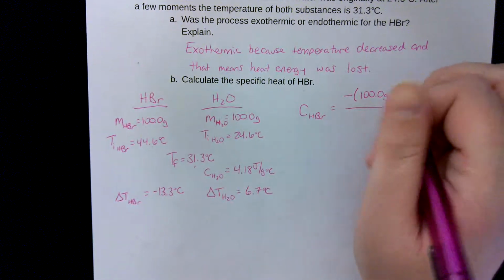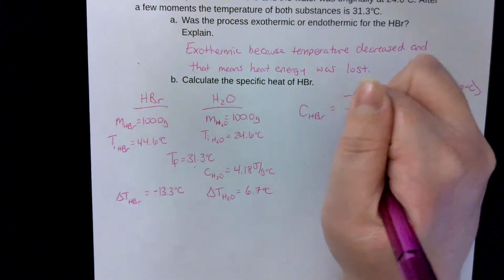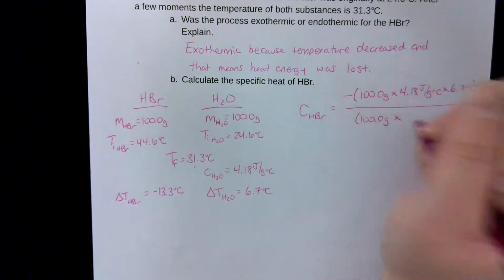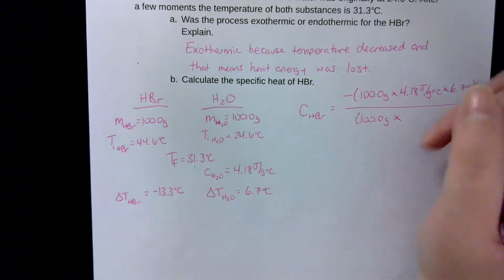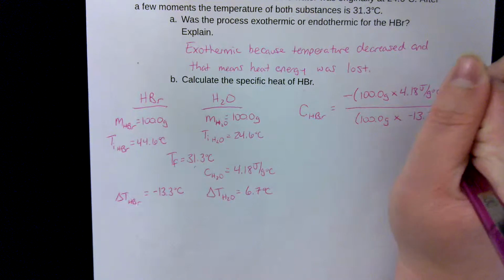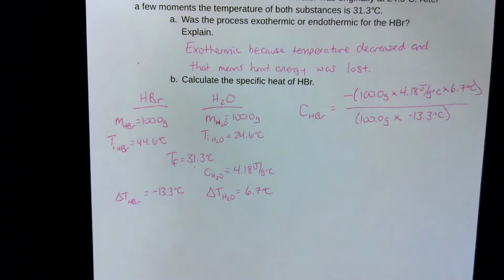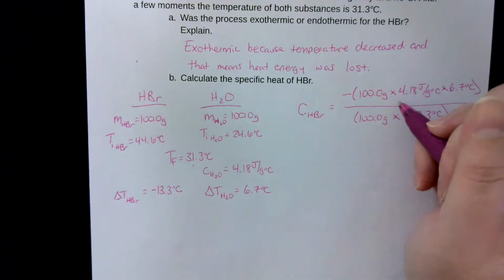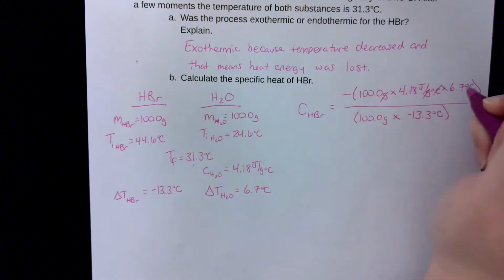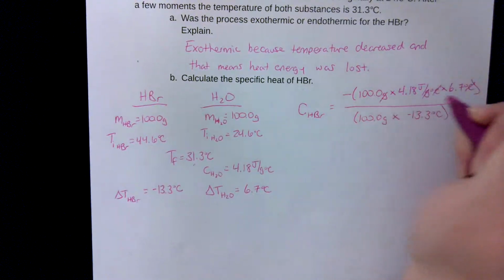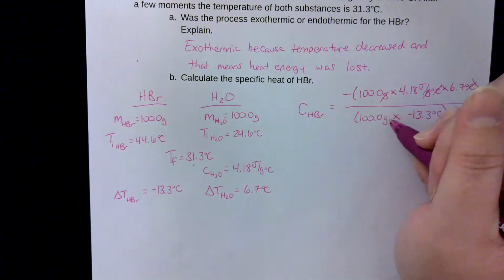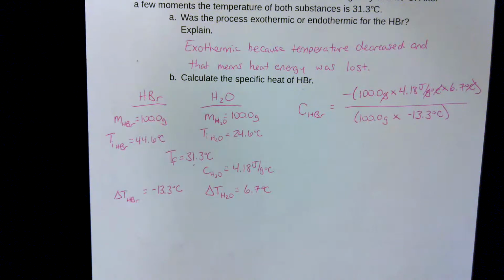We're going to divide that by the mass of the HBr, 100.0 grams, times the delta T of the HBr we found to be negative 13.3 degrees Celsius. And just like before, our units work out. Grams and degrees Celsius cancel along the top, leaving us with just joules up top, and both grams degrees Celsius on the bottom.